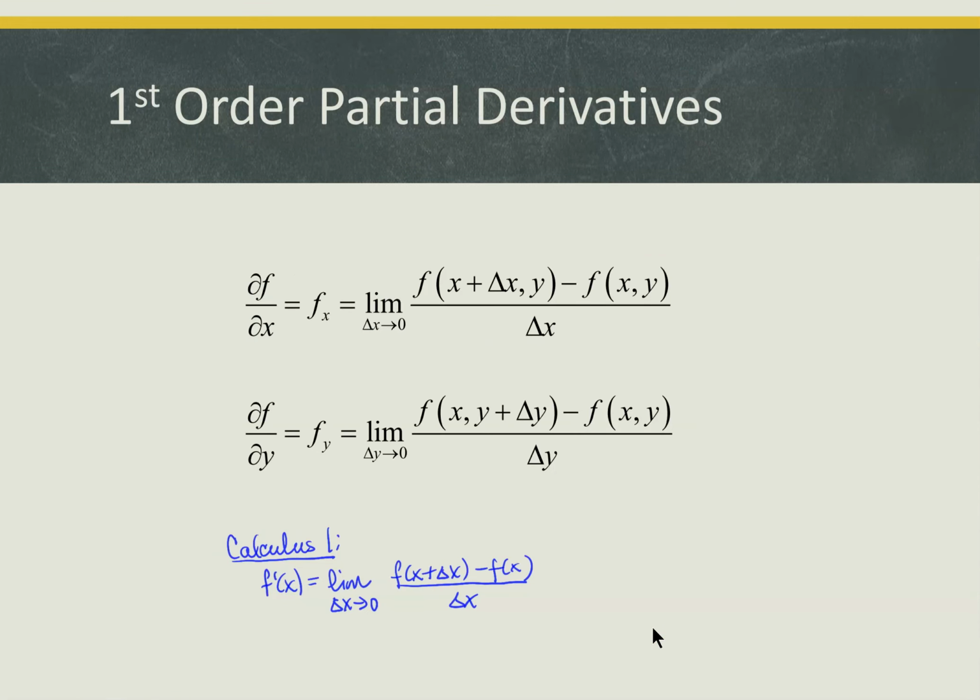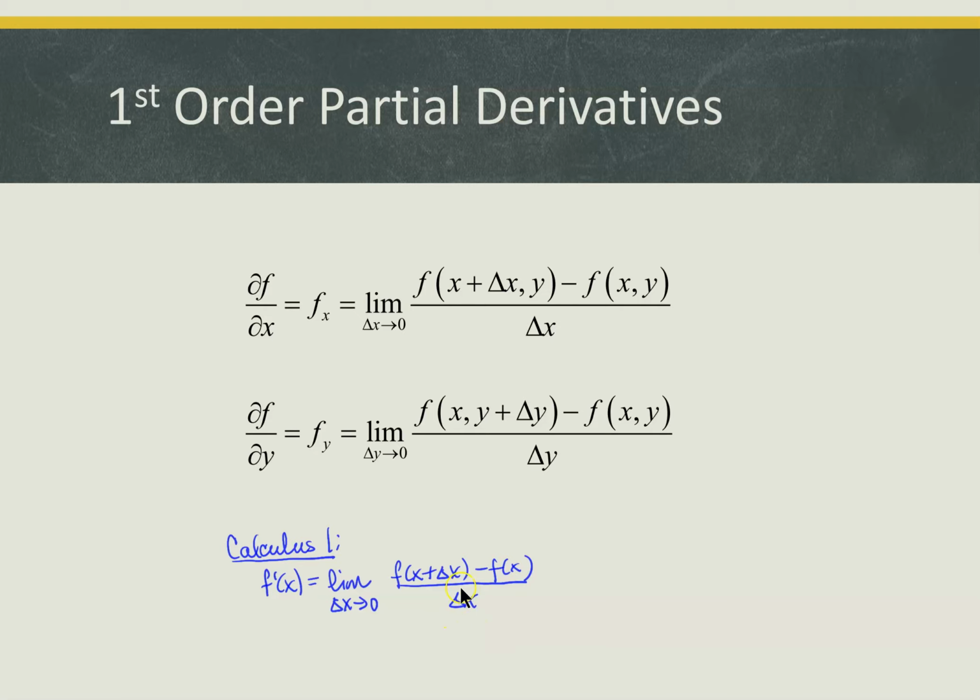Now, before we talk about these first order partial derivatives, I do want to remind you that back in Calculus 1, we have the definition for the derivative of a function as being the limit as delta x approaches 0 of f of x plus delta x minus f of x, all divided by delta x.